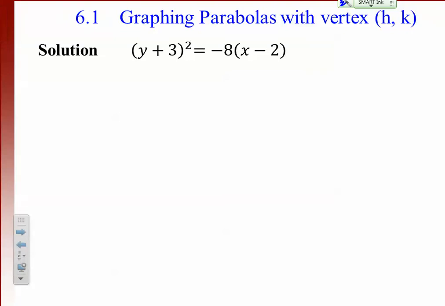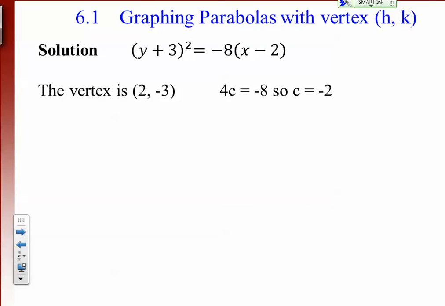So the first thing we can pick off of here is what? Where's the vertex? Okay, so the vertex is, now remember this is the x value, the x is 2, and this is y minus a negative 3, that's why it's a negative 3 instead of a plus 3.